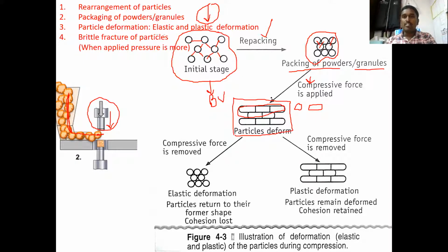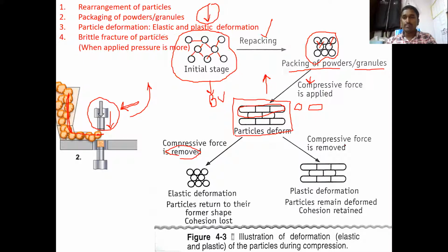The first one is when you remove this force. Let us say the applied force is taken out. In this scenario, there are two kinds of situations that may happen when you remove the external force.